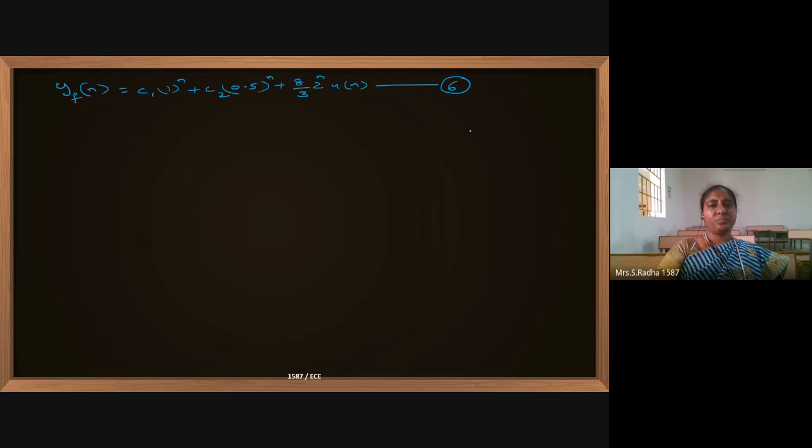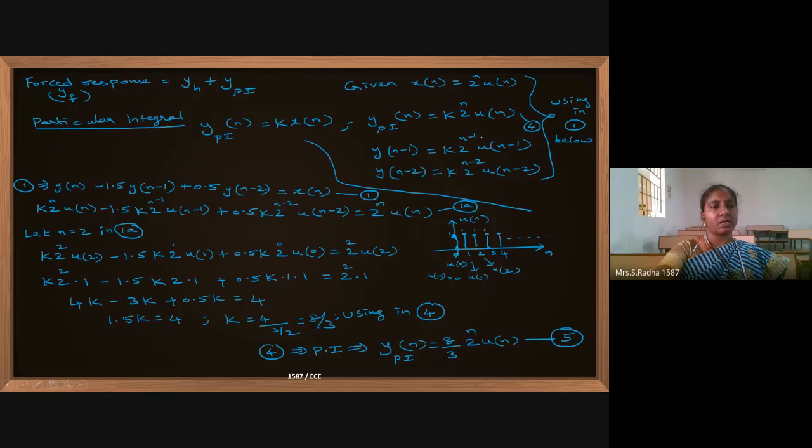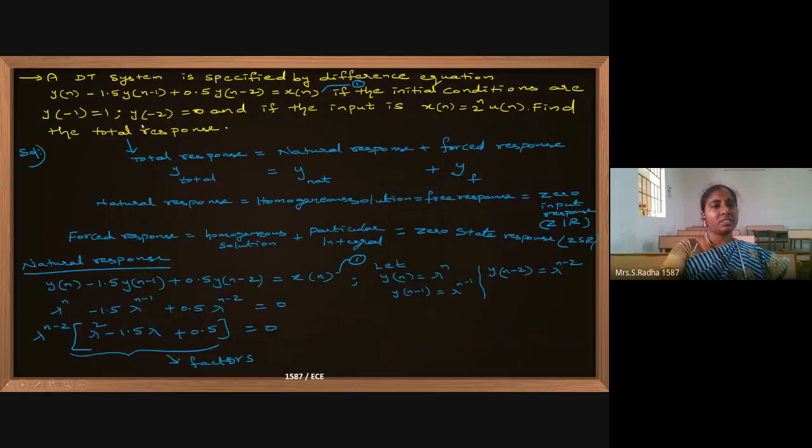Now if you see, for the forced response, input exists and the initial conditions should be 0. The given initial conditions, if you see the question, are y of minus 1 equal to 1 and y of minus 2 equal to 0.